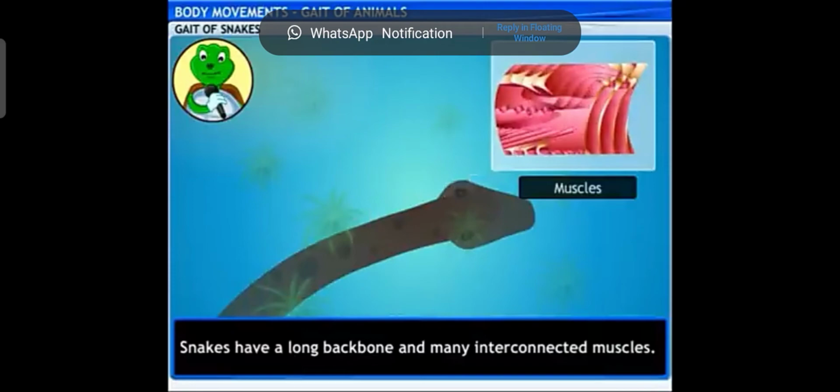You have seen that a snake has a long length, so it has a long backbone. We have studied the backbone of human beings, but a snake has a long backbone, and there are also lots of muscles that help the snake to slither easily.